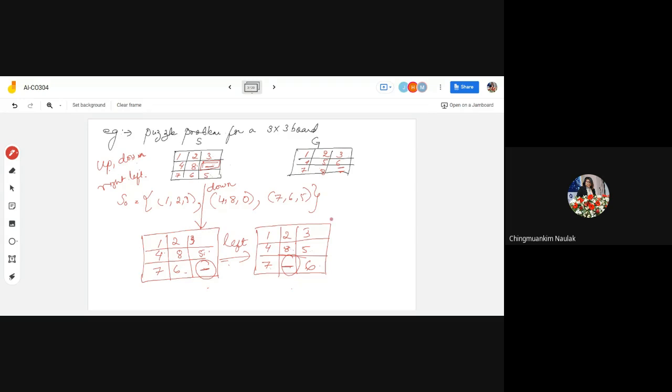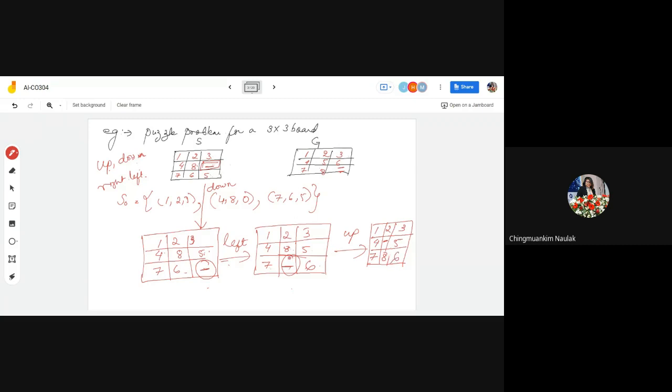So this is more appropriate. So you will move this cell upward. If you apply the up operation, then you are going to get this in the next state: 1, 2, 3, 4, blank, 5, 7, 8 comes downward, 6.